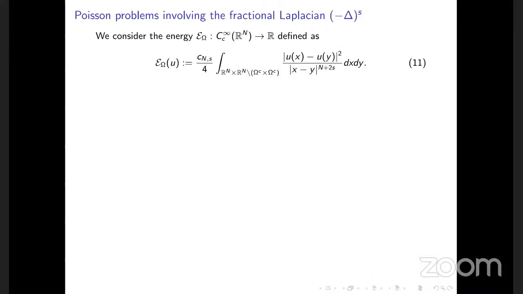Okay, so now I would like to introduce the problems that involve the fractional Laplacian. So let me just introduce this energy. Sometimes one starts with the problem and then looks at the energy, but I do it the other way around. I look at the energy and then I try to look at the Lagrange equation of the energy.